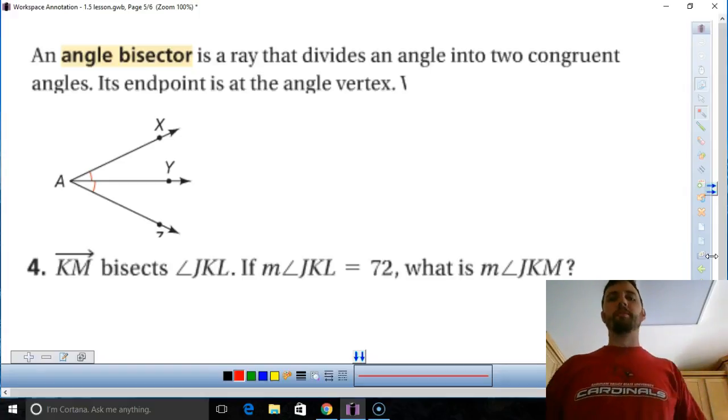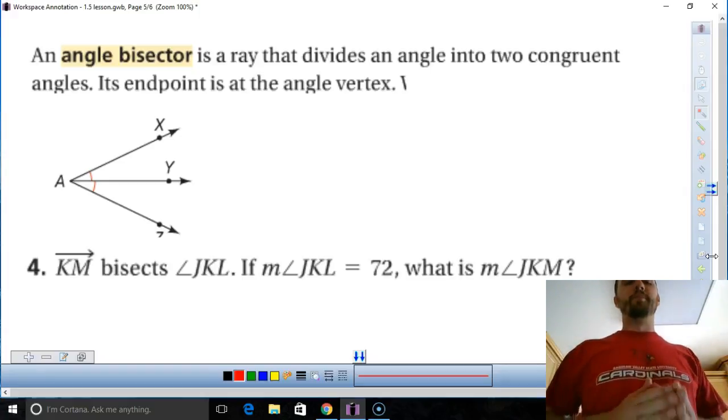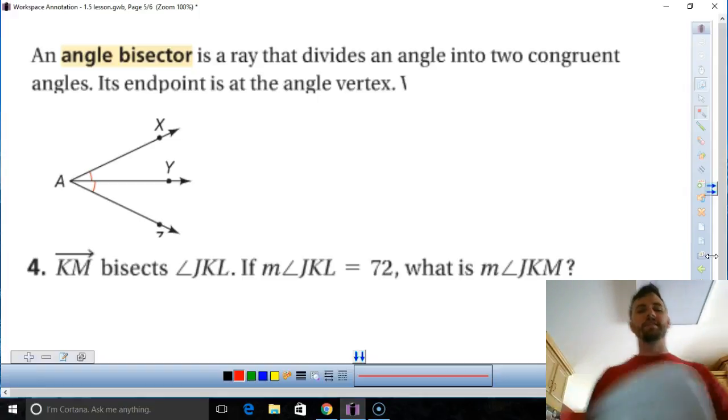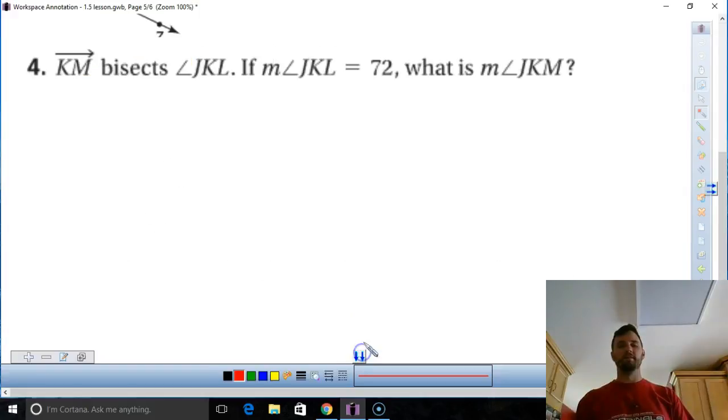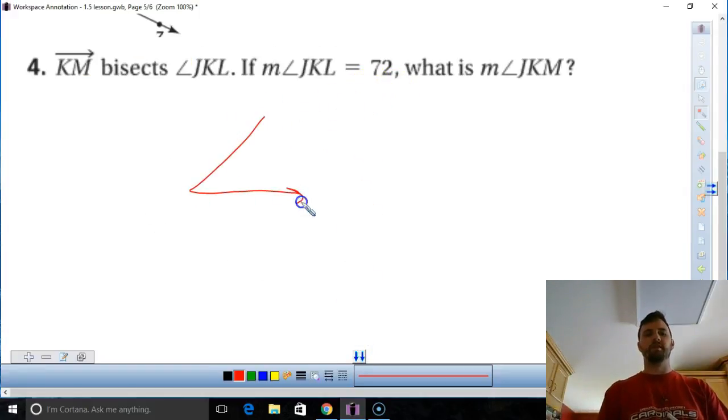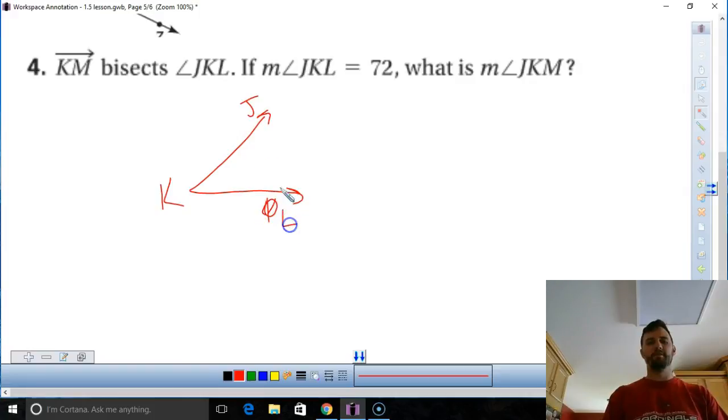So, an angle bisector cuts into two congruent angles. So, let's take a look at this last example. KM bisects JKL. And JKL is 72. So I'm going to draw a quick picture here to help me out. So I have JKL. That's an L. Now I have some bisector, KM.